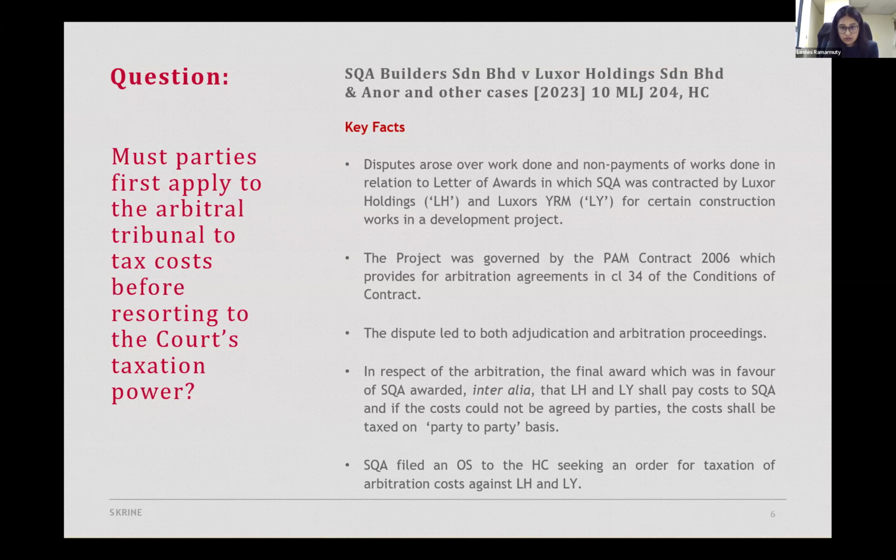This was objected to heavily by the other side on the grounds that the arbitrator was functus officio after delivery of the award and could not tax costs. In response to this application and objection, the arbitrator urged parties to apply to the High Court for taxation of costs. So now the court addressed this question that I just posed to you.